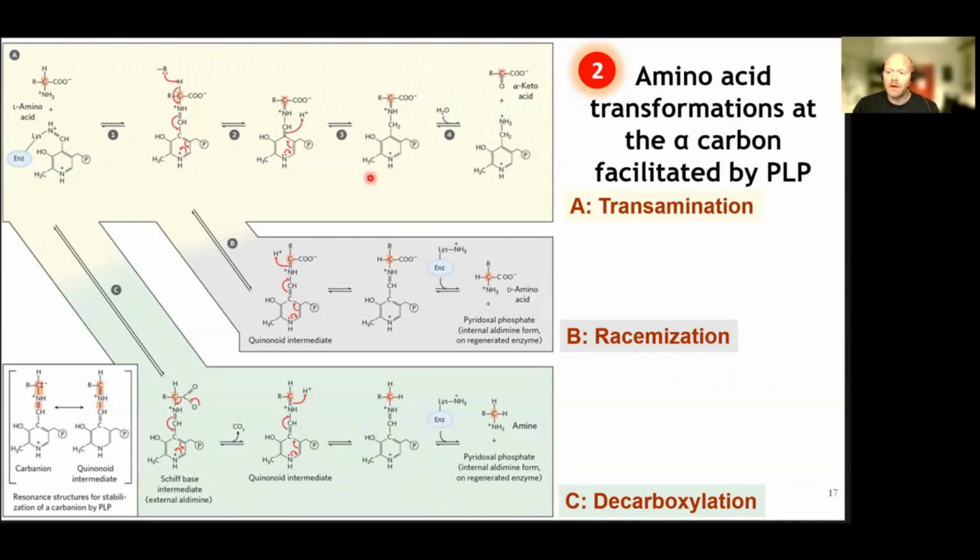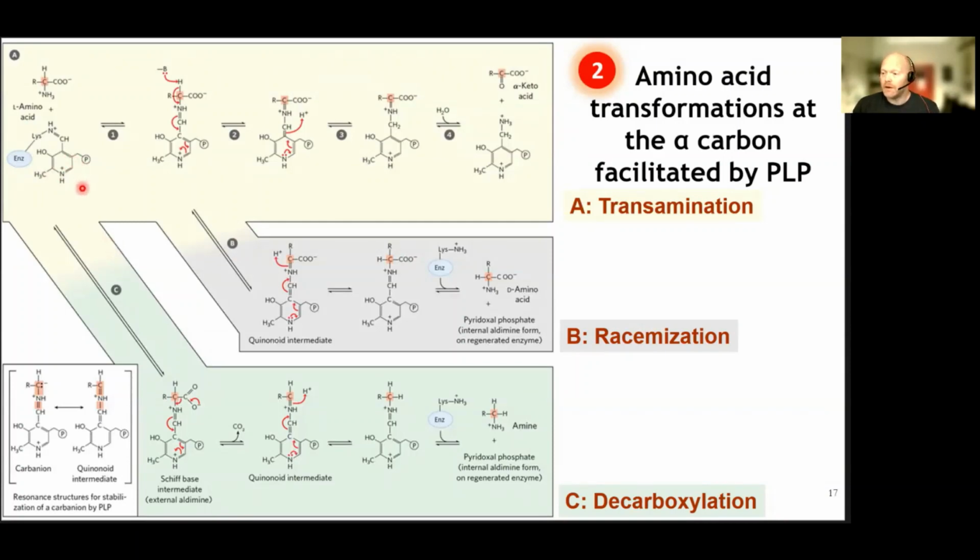So PLP has chemical abilities that allow its versatile use in many reactions. Its key chemical abilities are: one, to alternate between binding the enzyme and binding to the donor and acceptor of the amine group. And two, the ring structure it has here allows it to move electron pairs around. You see all the double bonds here.